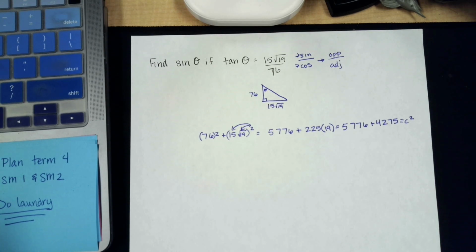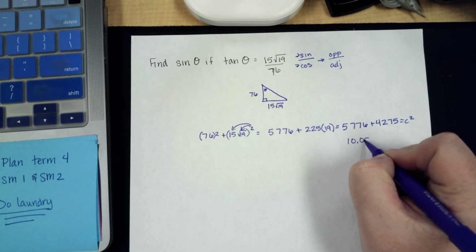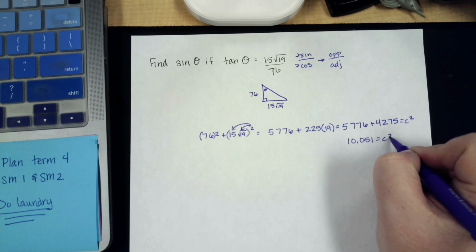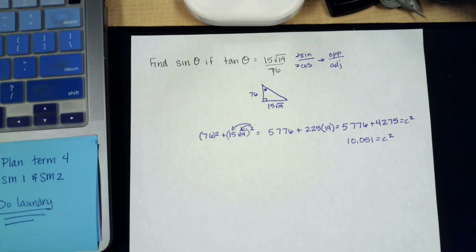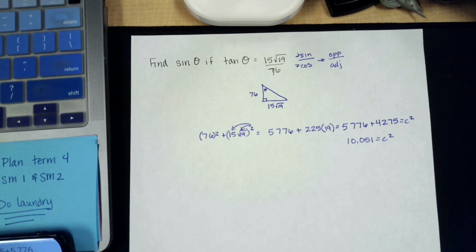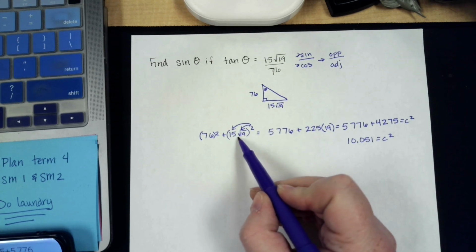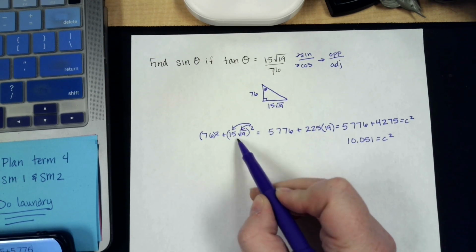So let's add those two numbers together. And that gives us 10,051 equals c squared. Now, I don't think 10,051 is going to be a super even number. I don't think that's a perfect square. So what I'm going to choose to do is try dividing it by 19 because they had a square root of 19 to begin with.